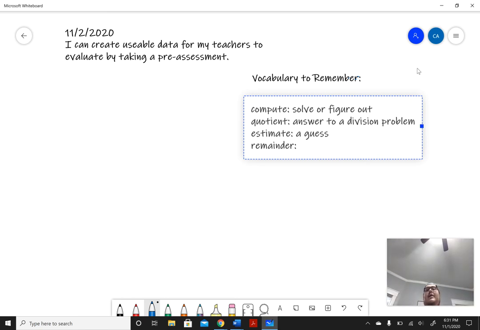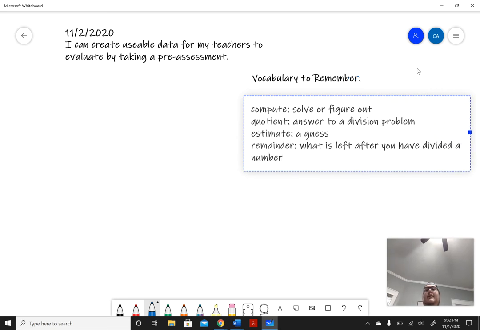So a remainder is what is left after you have divided a number that cannot be divided evenly.